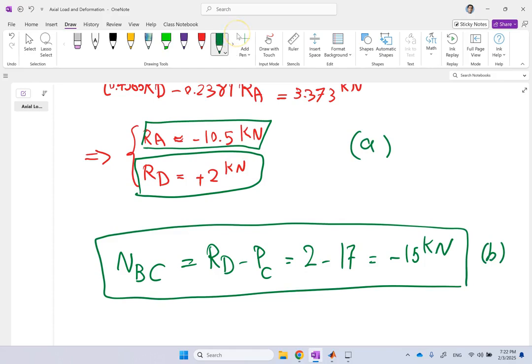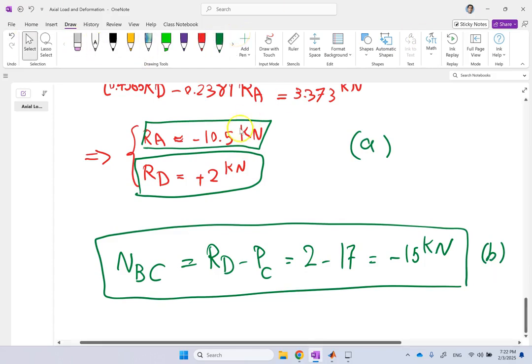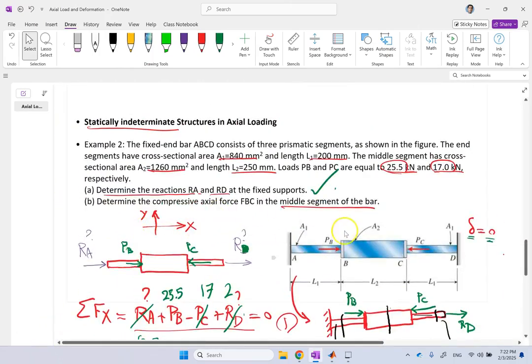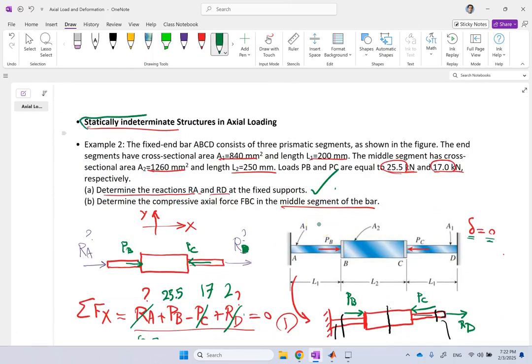Okay, so this is how we solve for this problem using the elongation formula. And so you see, when the problem is statically indeterminate, it doesn't mean if you bring in solid mechanics, you still cannot solve.